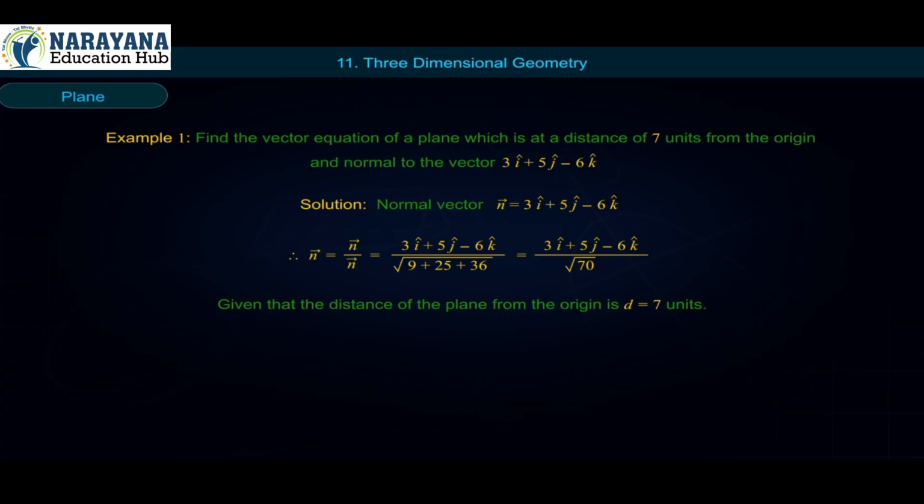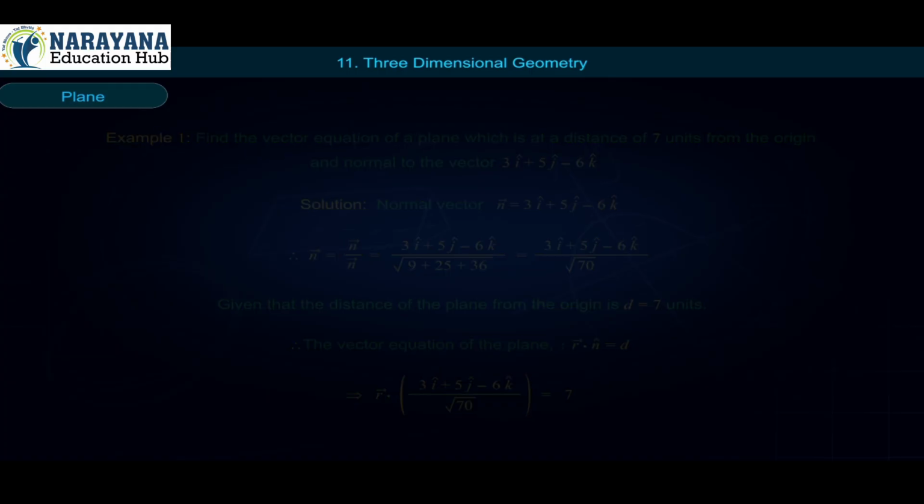Given that the distance of the plane from the origin is d equal to 7 units. Therefore, the vector equation of the plane, vector r dot n cap is equal to d, implies that vector r dot 3i cap plus 5j cap minus 6k cap upon square root of 70 is equal to 7.